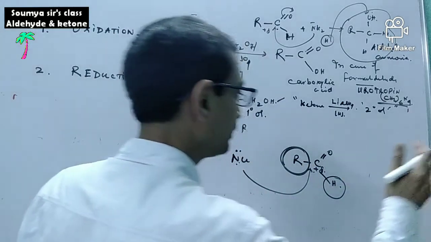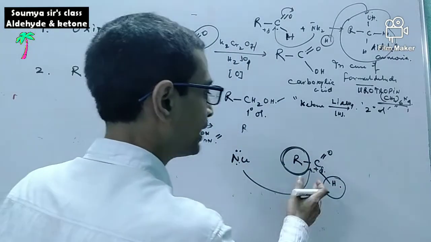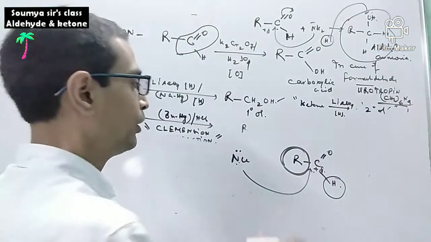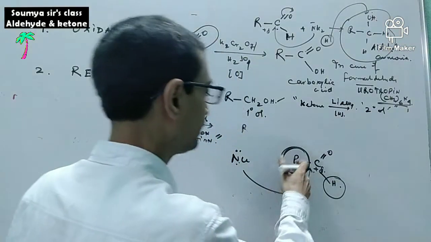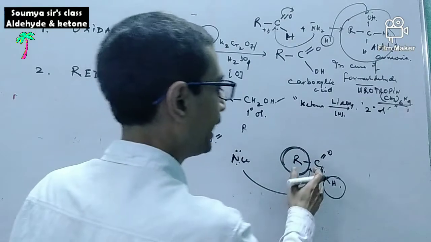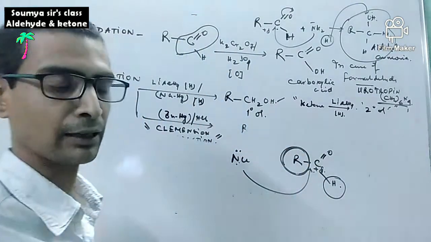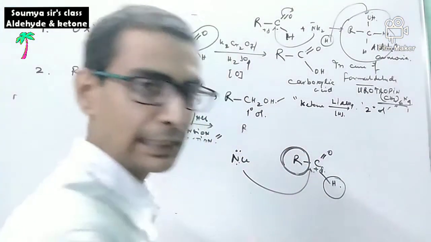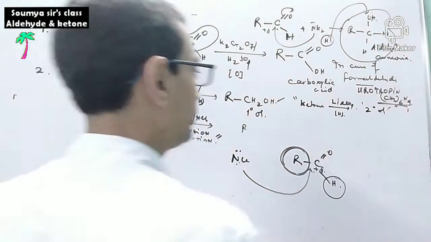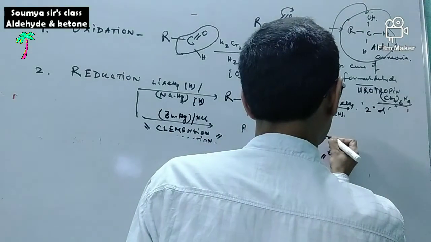So increasing the R group, the nucleophilic addition will be less. The bulkier the R group, the less the nucleophile attacks the carbon delta positive. So it is very clear that this is called steric hindrance.